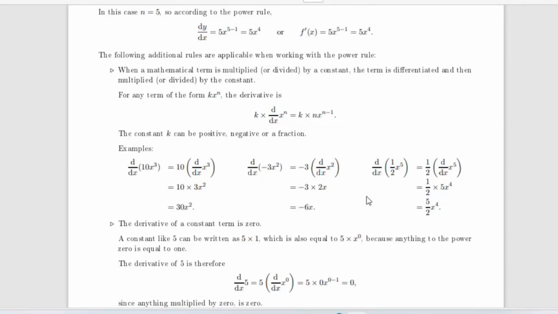Are you saying that because you are bringing it down, you always subtract 1, same as the previous one, where you said when you bring down the 3 on the first one to be 3x squared, did you subtract because of the x? So every time you bring that numerical figure down, do you subtract the 1 from the exponent?